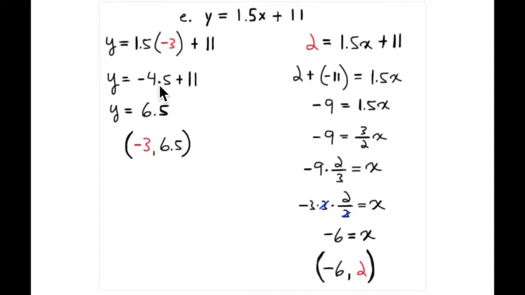Well, if you add a negative 4 5/10 to 11, that's the same as subtracting 4 5/10 from 11. So 11 minus 4 5/10 is 6 5/10. It's positive because the 11 is larger. You have more positives than negatives. So the x-coordinate is negative 3. The y-coordinate is 6 1/2 or 6 5/10.